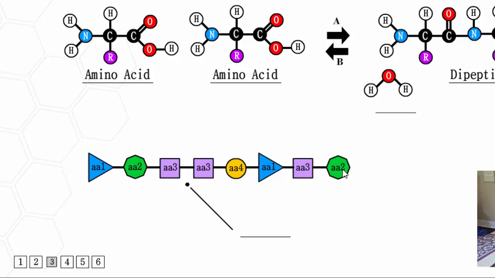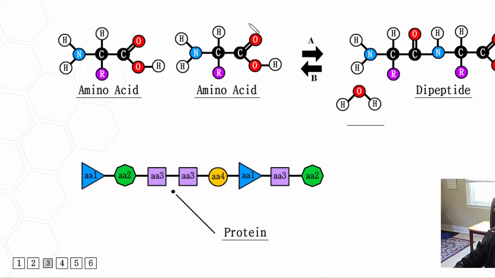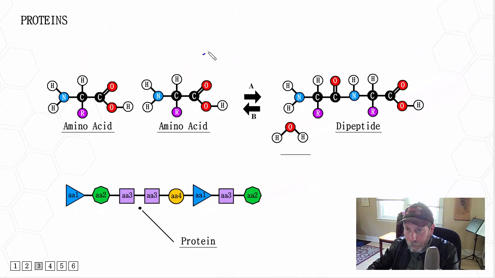Eventually, if this is sufficient number of amino acids to be functional as a molecule, it's called a protein. So a polypeptide or a peptide can have amino acid and amino acid and amino acid and amino acid with lots of different crazy shapes like that. Let's say they're all joined together. If this is enough to do the job, in other words, it's a functional molecule on its own, it's called a protein.